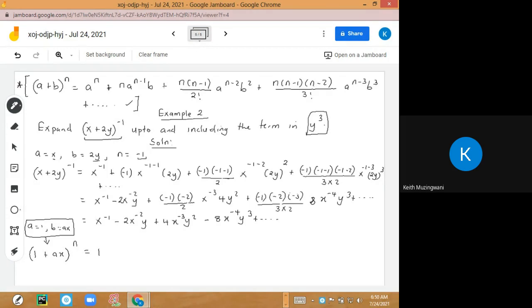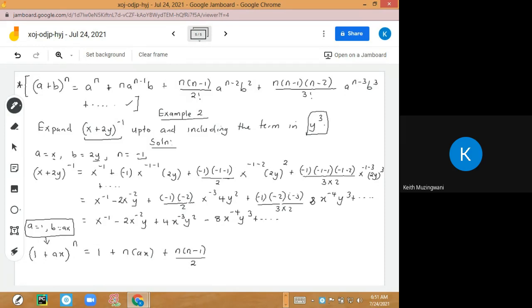So where there is a, we have 1. 1 power n is still 1. Plus n, where there is a, we have 1. 1 power n minus 1 is still 1. So you just write b. Plus n minus 1 over 2. 2 factorial is just 2. When there is a, we're supposed to write 1 power n minus 2.